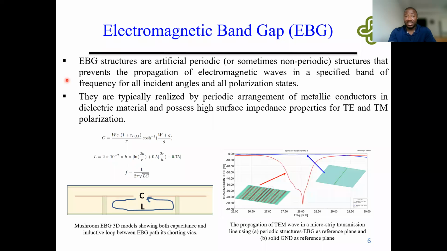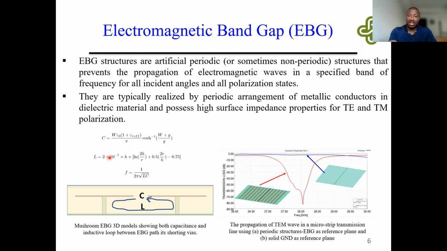EBG typically can be realized by periodic arrangements of metallic conductors in dielectric material substrates also. And they pose high impedance property for all transverse electric and transverse magnetic polarization.